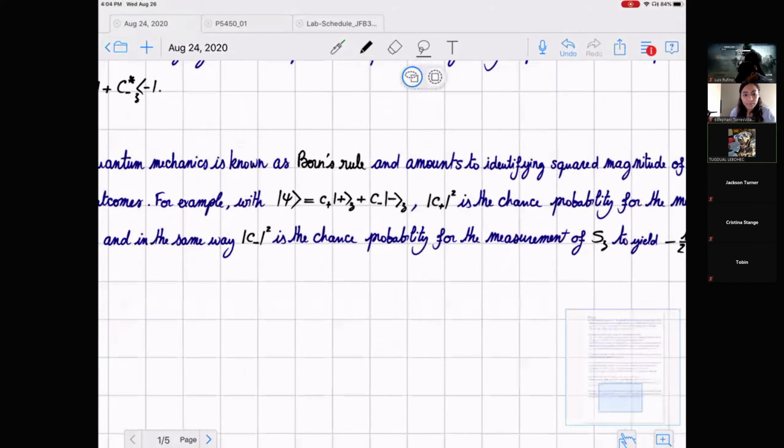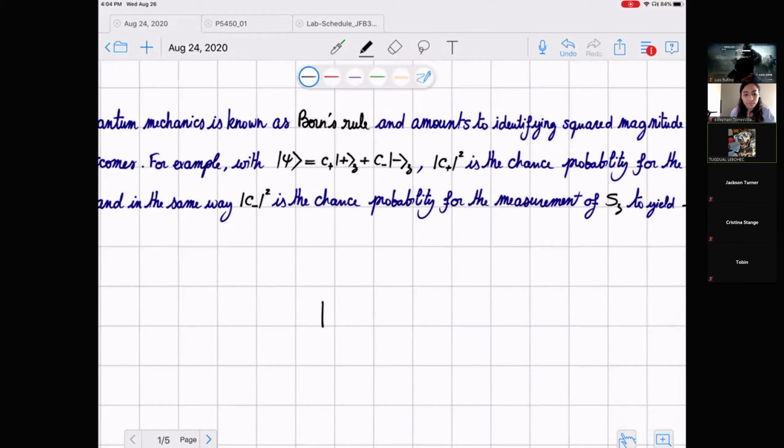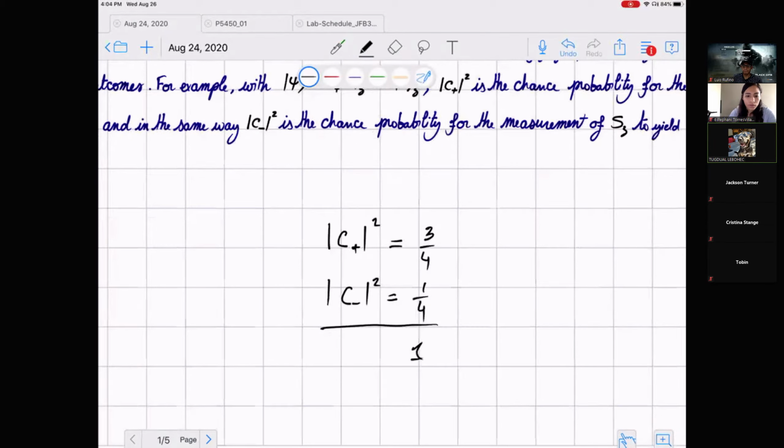So you could very well have C plus square equals 3/4, and C minus square equals 1/4. You see that the sum is equal to 1.